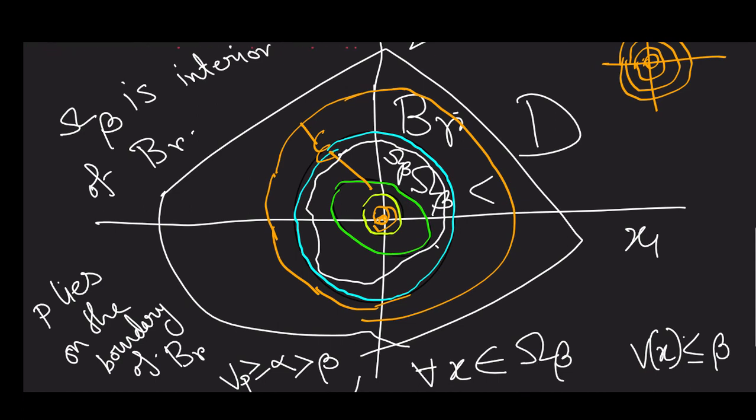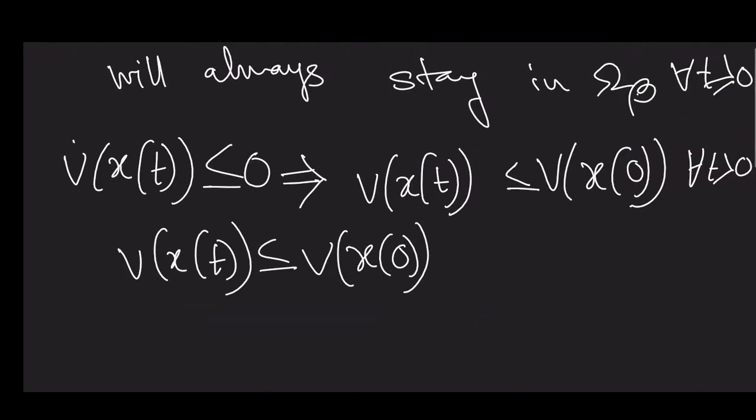So we get V(x0) is less than or equal to beta. What is beta? If you have forgotten, let me remind you, beta belongs to (0, alpha).